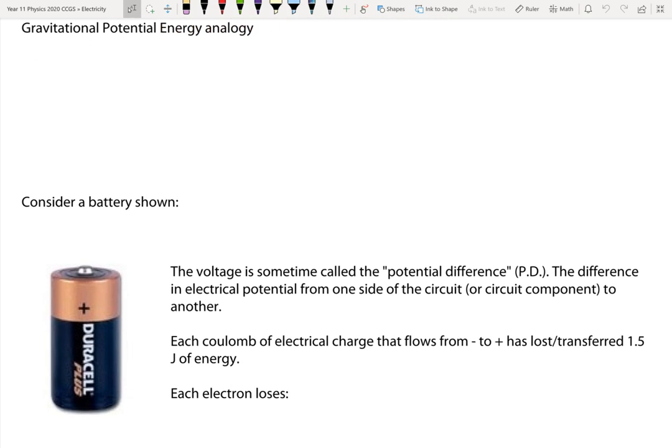Could we look at our gravitational potential energy analogy? Let's put it down. Obviously, this is what Mr. Murray was talking about. If I took a mass at h initial equals 0 and I lifted it up to a certain height, let's call it h final. So there's your mass and there's your mass.